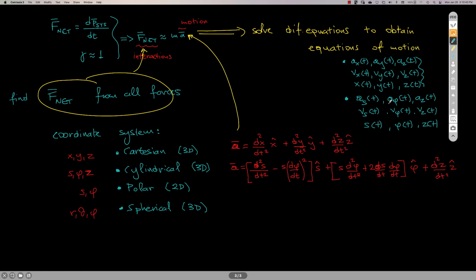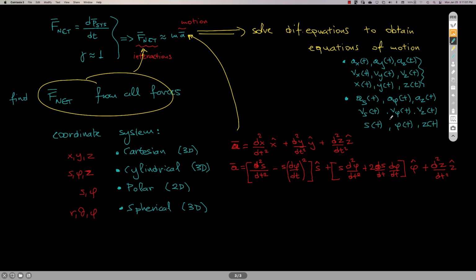Now, this is in the most general case. If you have a problem where your system is only moving in the x direction, okay, in that case no quantity of interest is going to be in the y or the z directions. You will only need to find ax, vx, and x because everything else is going to be 0.